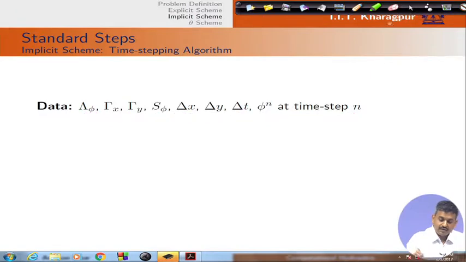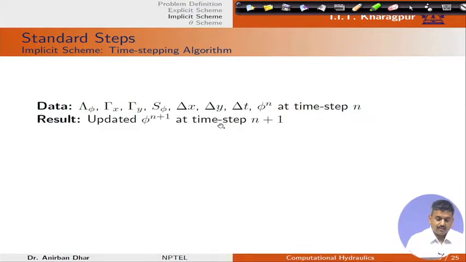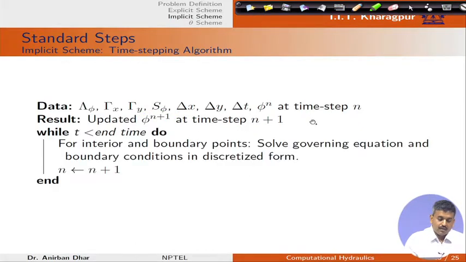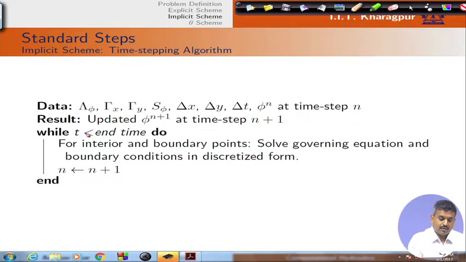So, with this, if we proceed, what result is required? Result is updated value of phi n plus 1 at time step n plus 1. In this case, we need to run the while loop t less than n time.